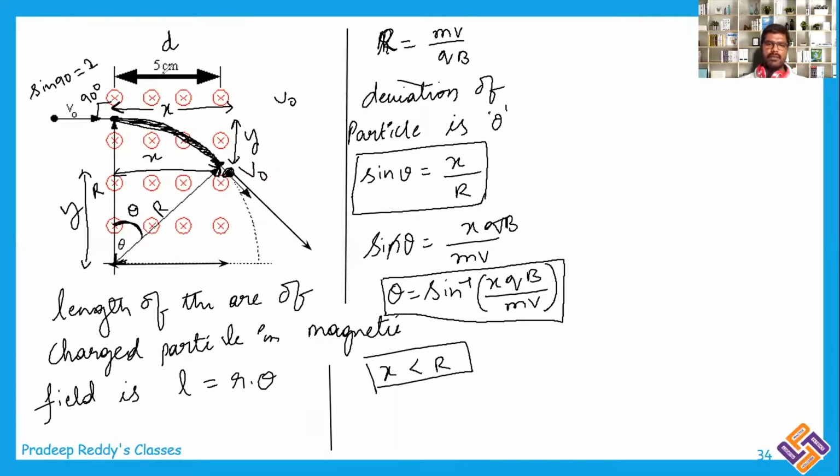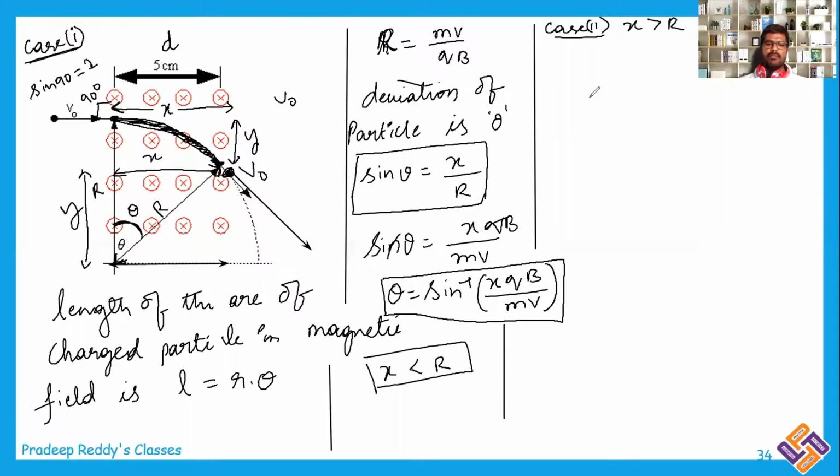That means the length of the magnetic field is less than the radius of curvature of the charged particle. That is number one. Sometimes x can be greater than the radius of curvature, that is, the length of the magnetic field can be greater than that of the charged particle's radius.